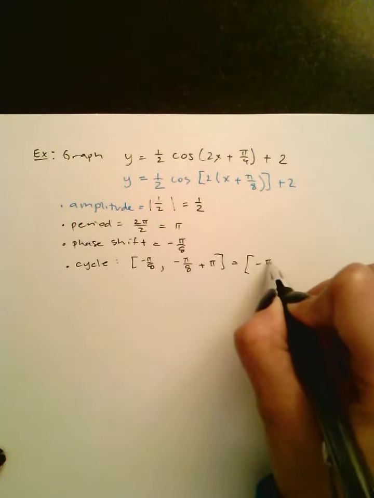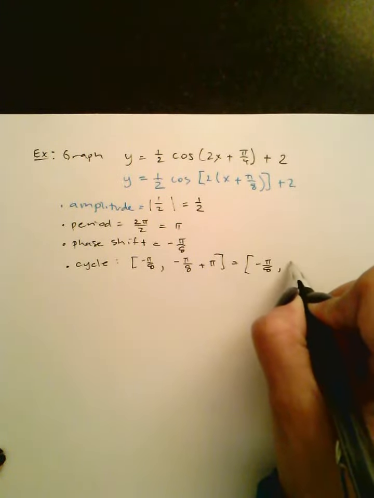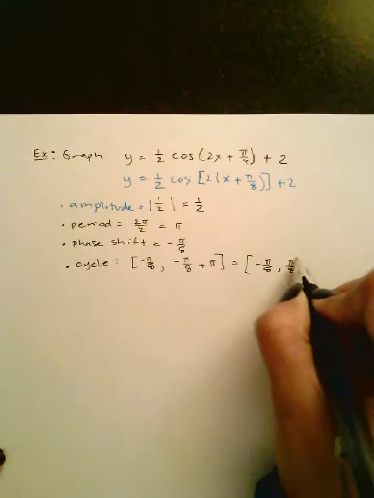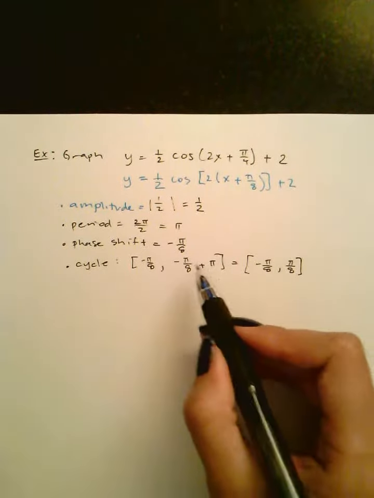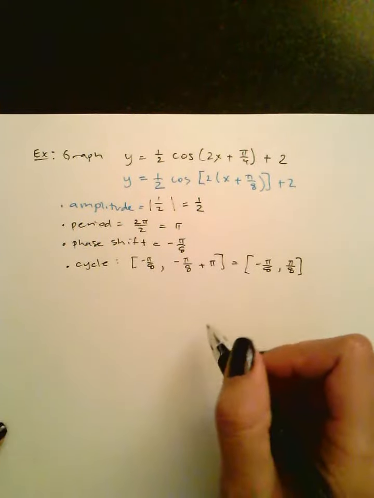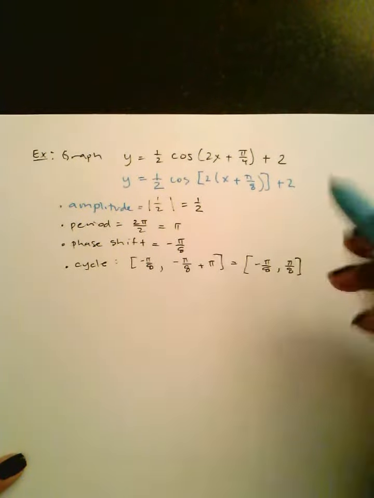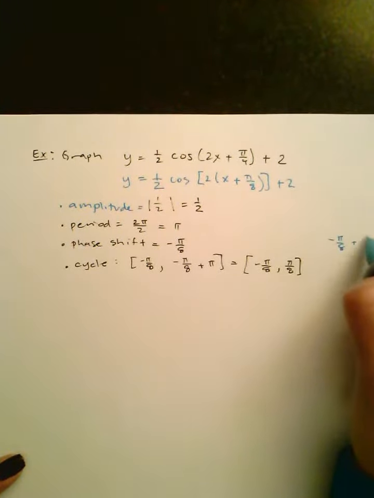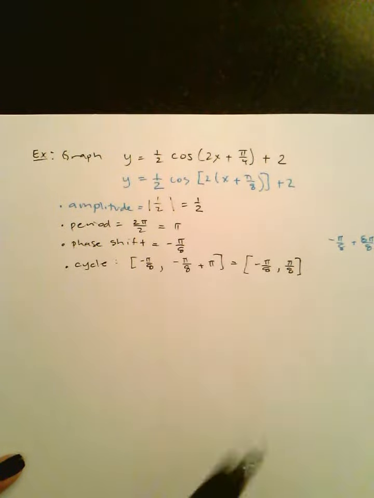So this is negative pi over 8, and the ending point is at... if we add these two, negative pi over 8 plus 8 pi over 8 is equal to, it's actually 7 pi over 8, sorry, not pi over 8. So 7 pi over 8.